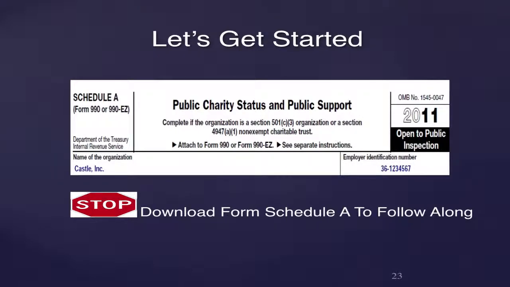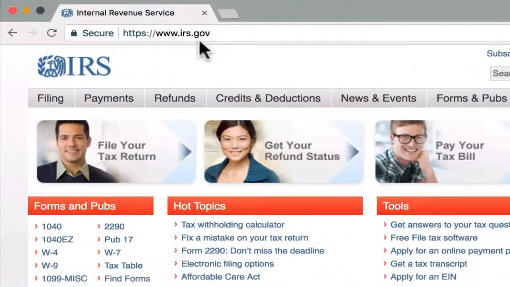A Schedule A for your specific tax year cannot be found in your webinar course documents because the specific tax year is unique to your organization's filings. If you would like to follow along with the tax documents that are specific to your organization's tax years, download the Schedule A, Form 990 or 990EZ, tax year needed for your organization from irs.gov.